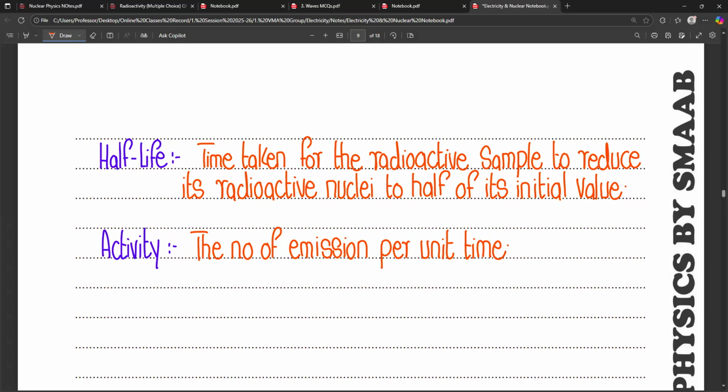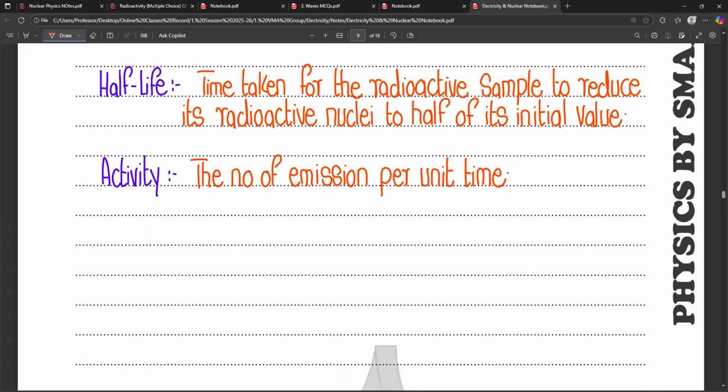So it will be like 100 emissions per second, or 100 emissions per week. It depends on the value. It is not compulsory that it will be the same for every element, because at the start of radioactivity we mentioned that it is a random process, so it depends upon the material and the nature of the material. It is not always the same for every element.